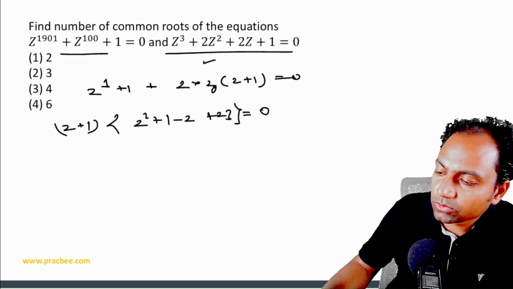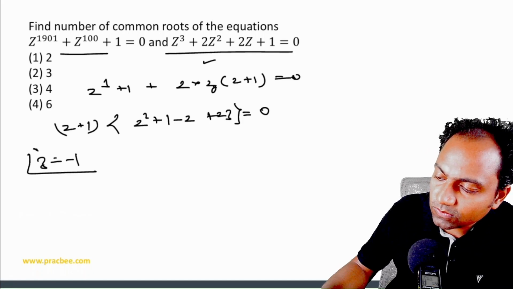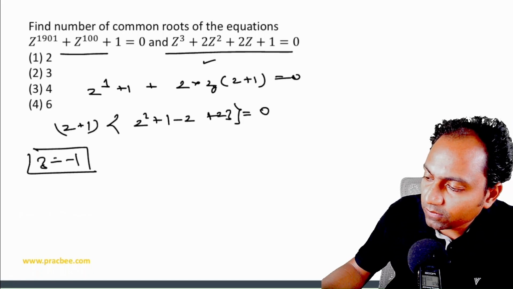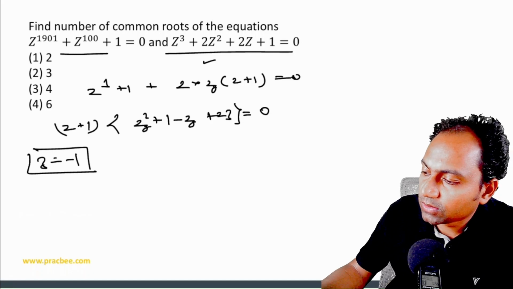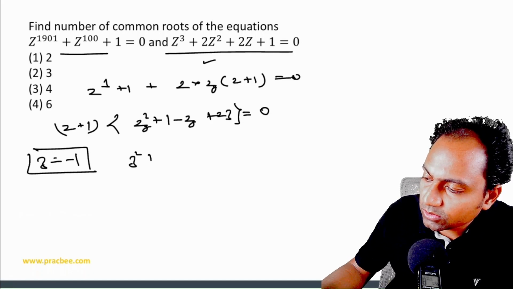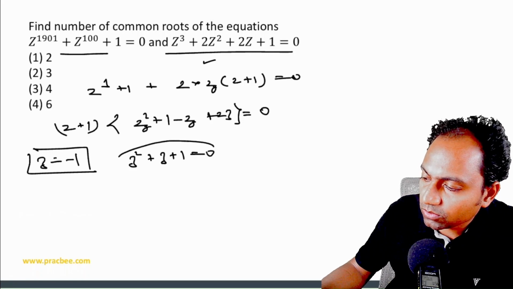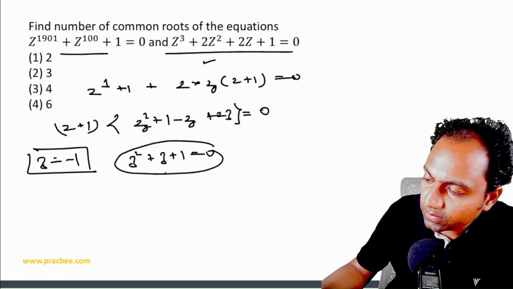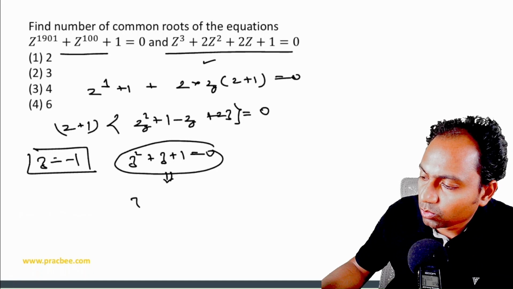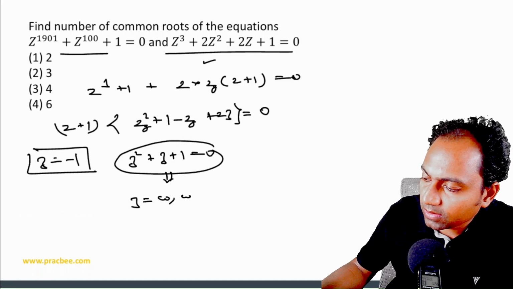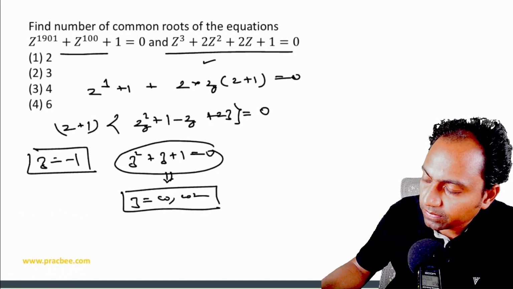So one value of z we are getting is minus 1. For finding the other values, we'll have to solve this equation: z square plus z plus 1 equal to 0. What we are getting from here is two more roots of unity, that is omega and omega square.